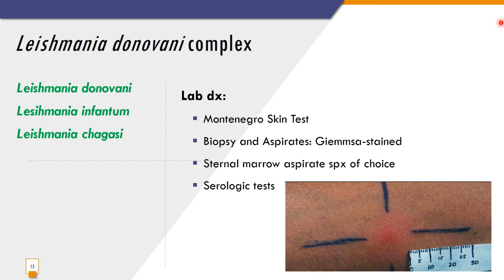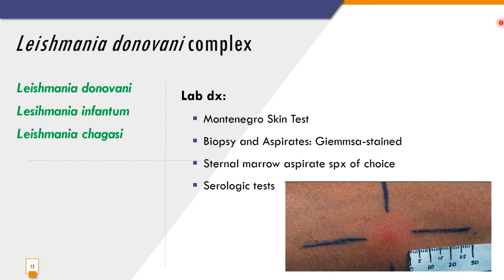If you are familiar with the PPD or the tuberculin test, it is used for the screening of large populations at risk for infection caused by Leishmania species. Okay, that is the Montenegro skin test. It is not a good method though for diagnosing active disease.